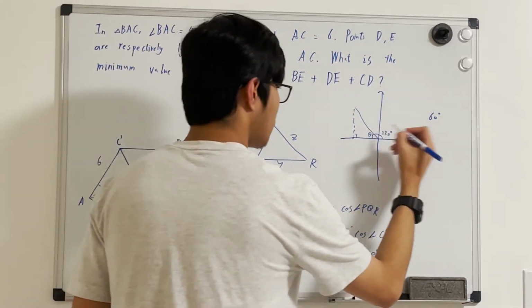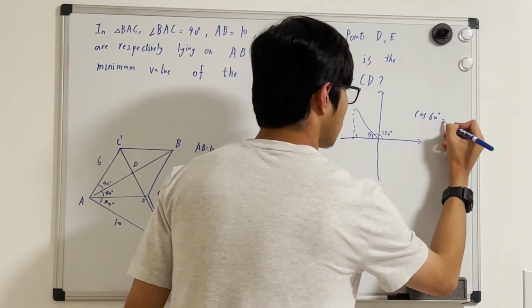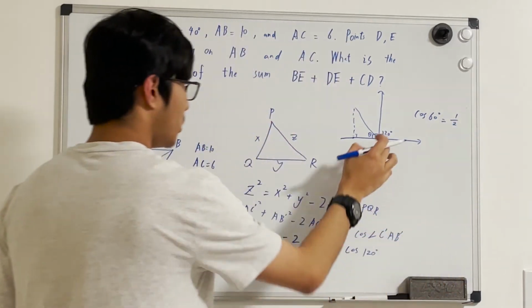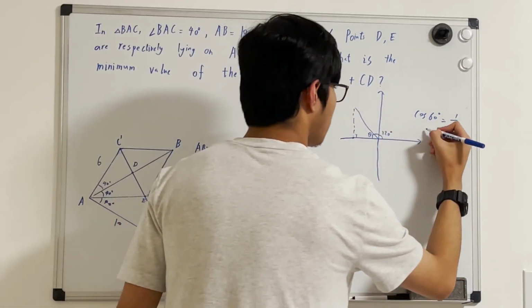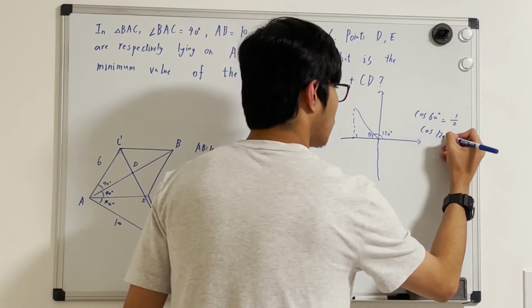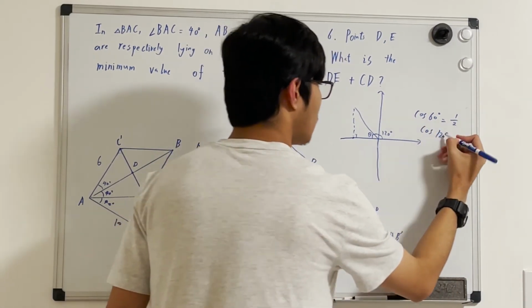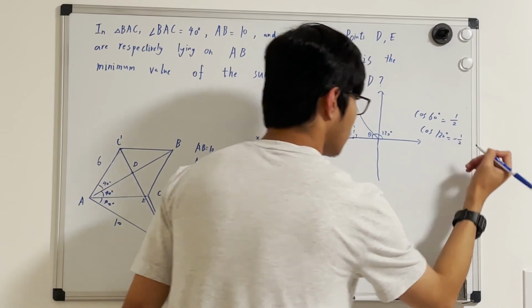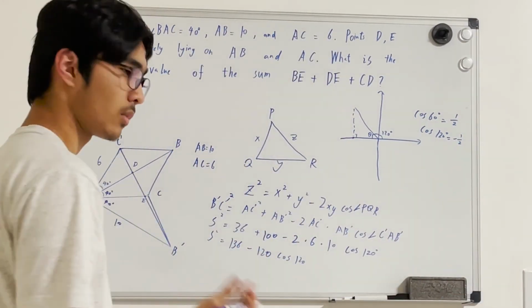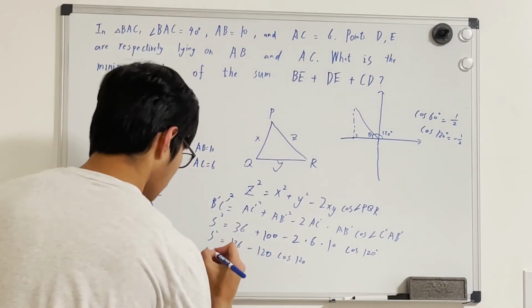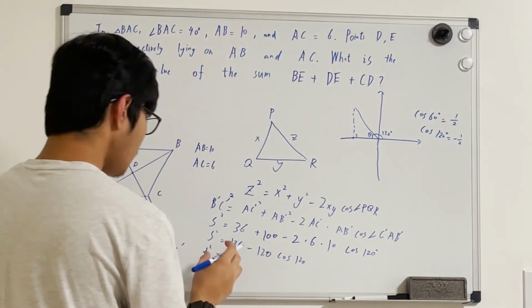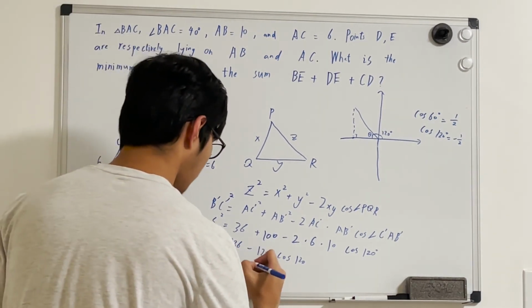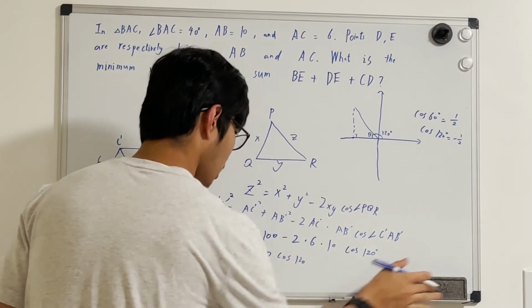So cosine of 60 equals 1 over 2, but in this case, this part should be negative. So cosine of 120 equals negative 1 over 2, just in case you don't know. Just get more familiar with these concepts. So this is 136 minus 120. Let me erase this.